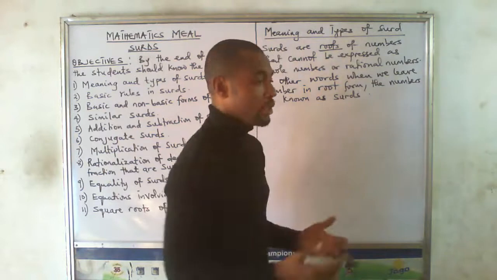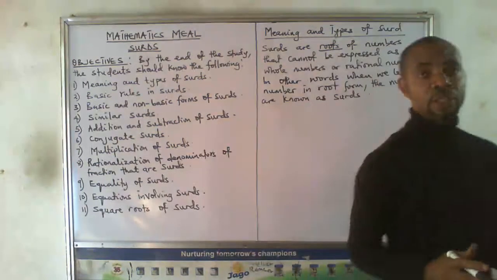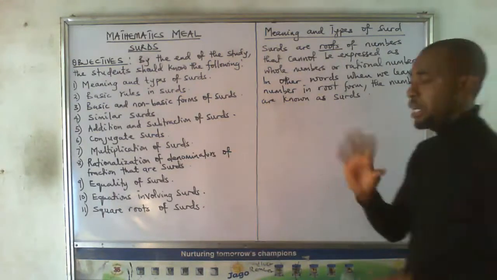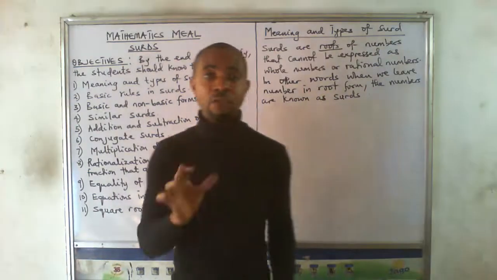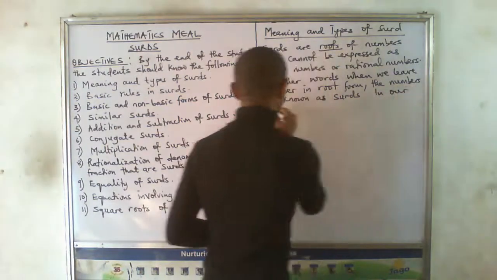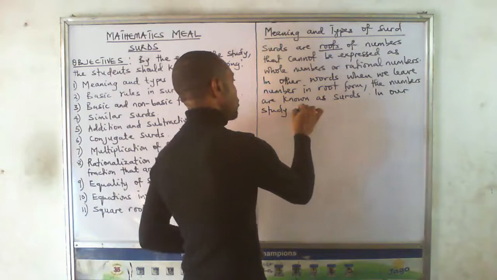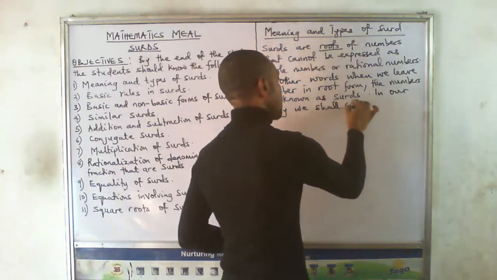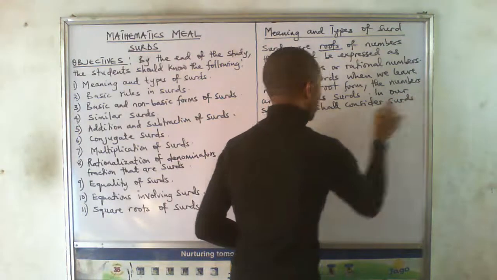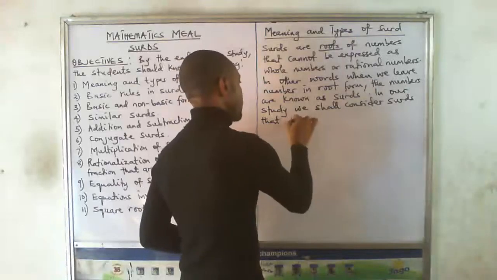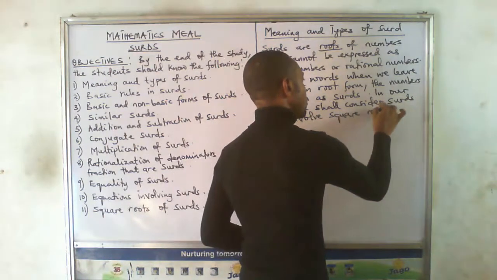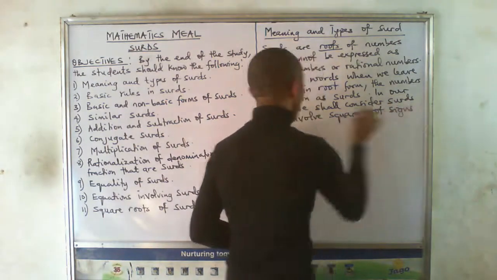Now, for our study, we are going to look at only square roots. That's the surds that involve what? Square root. Remember, we say generally roots, but in our study, our interest will only be on the surds that involve square root. So in our study, we shall consider surds that involve square root signs only.